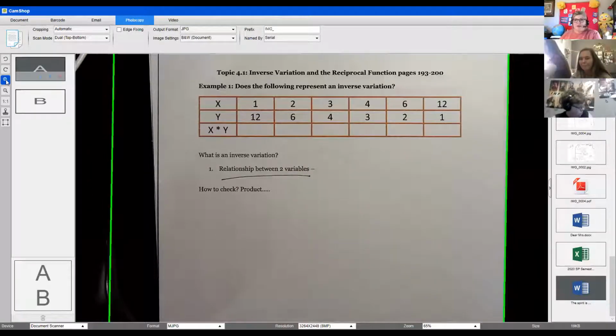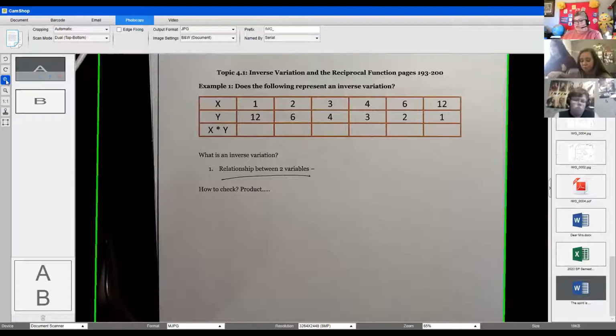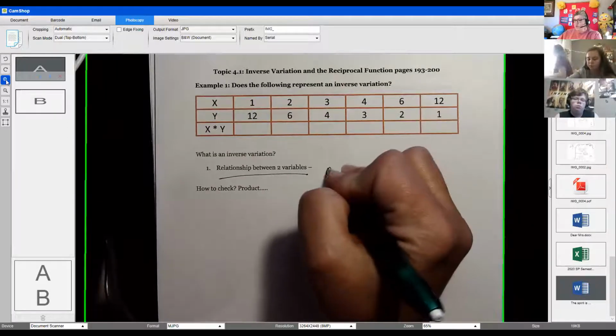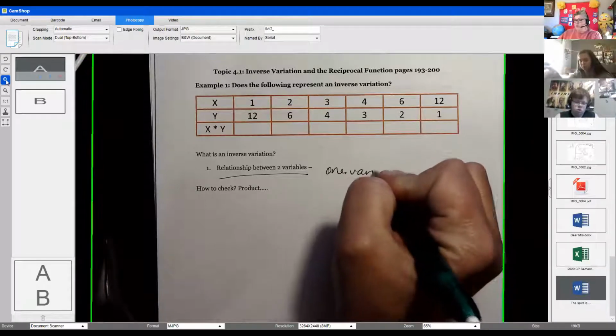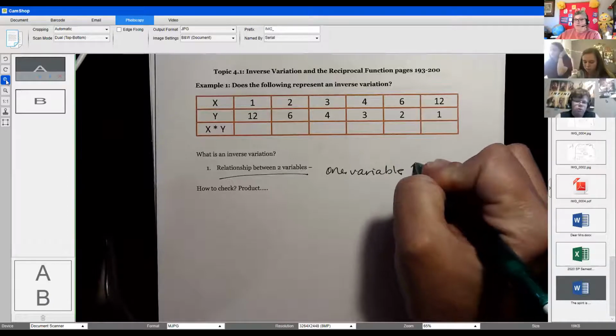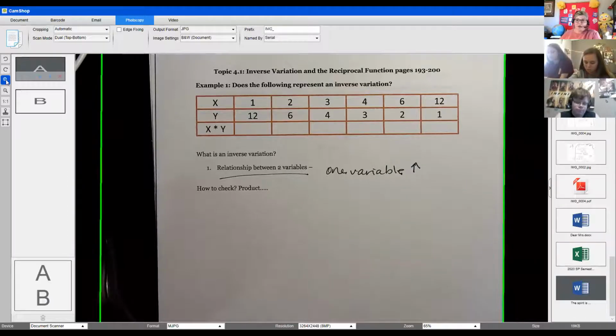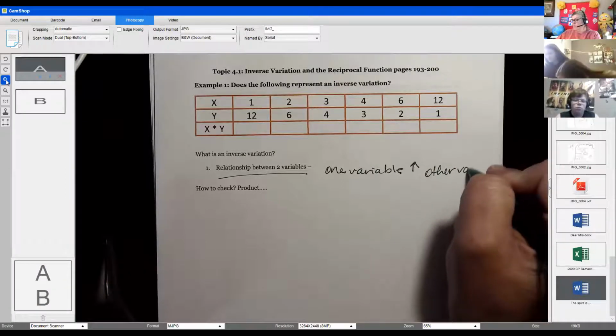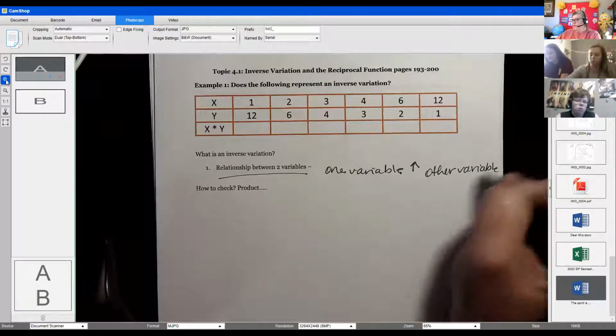And what is that relationship? So that relationship says that as one variable goes up, the other variable must go down.